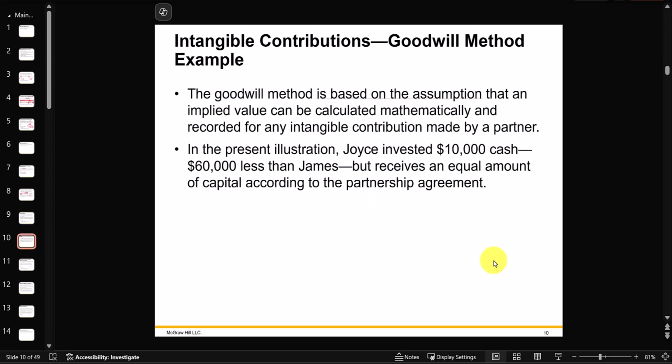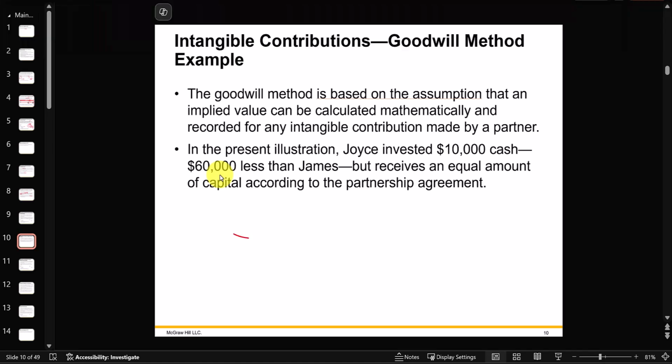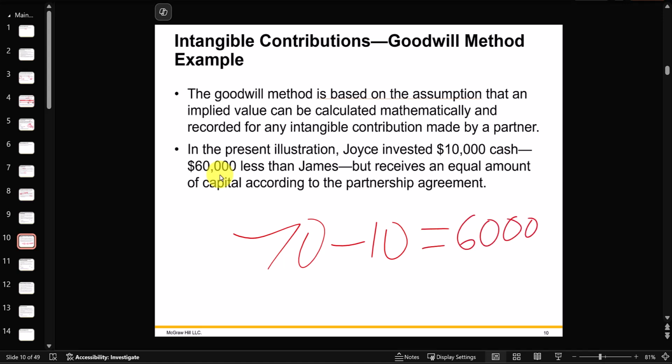So we know James had contributed 70,000 and Joyce had contributed 10,000 cash. So the difference of 60,000, if they're going to be equal partners, is this additional value that Joyce is bringing to the partnership.